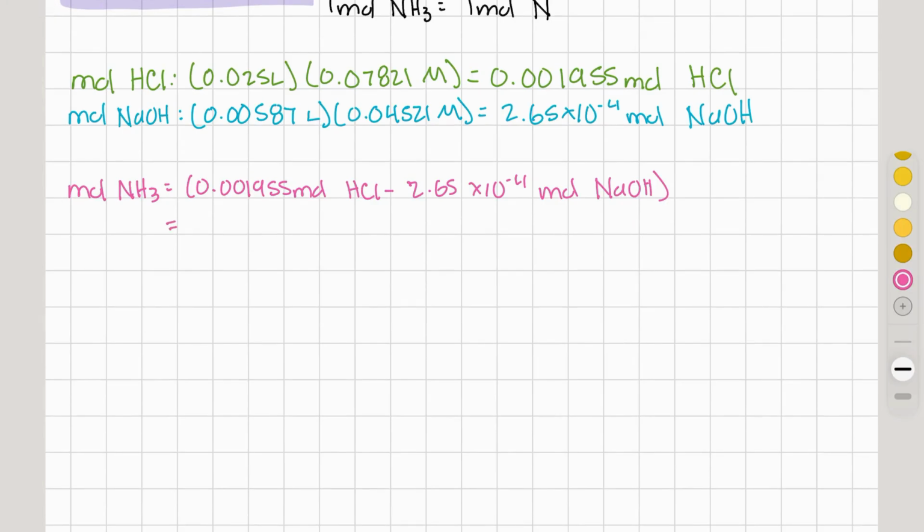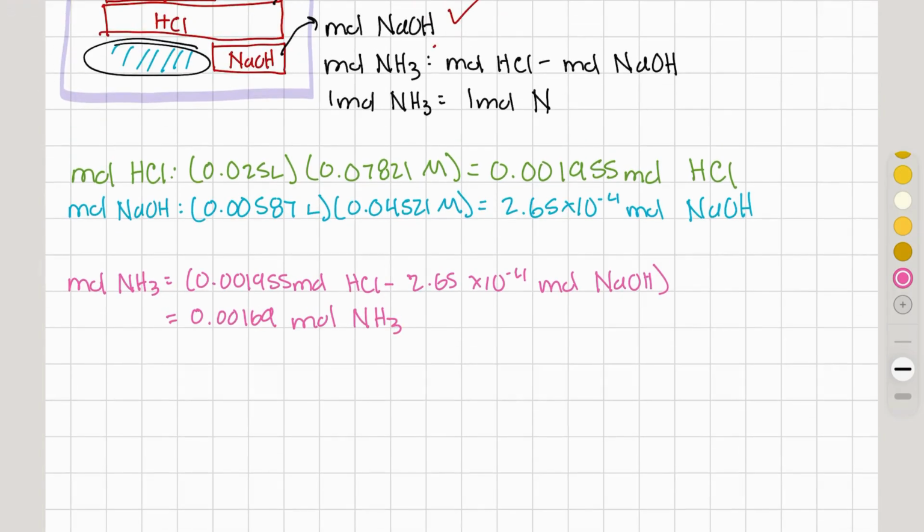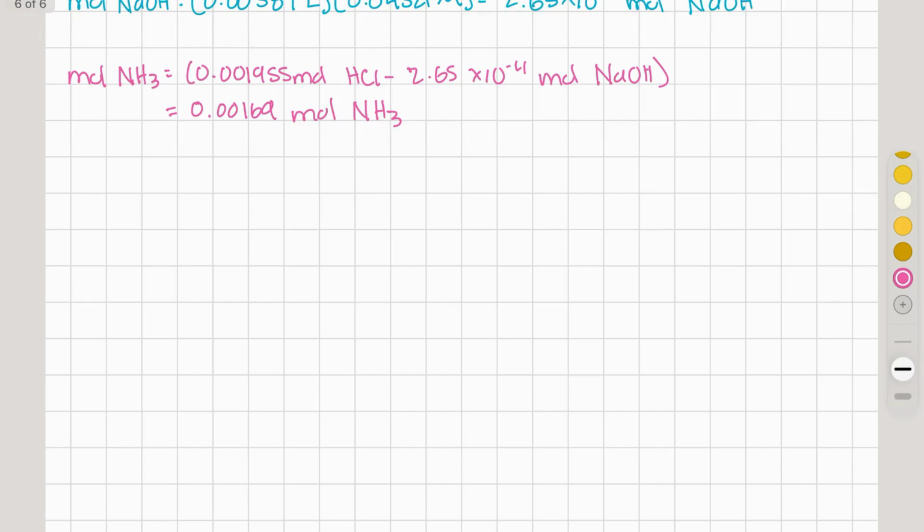And so that is going to give me, oh, nope, looking at the wrong number, 0.00169 moles of NH3. And then remembering, in this case, 1 mole of NH3 gives me 1 mole of nitrogen, so I can go ahead and say that this is 0.00169 moles of nitrogen.